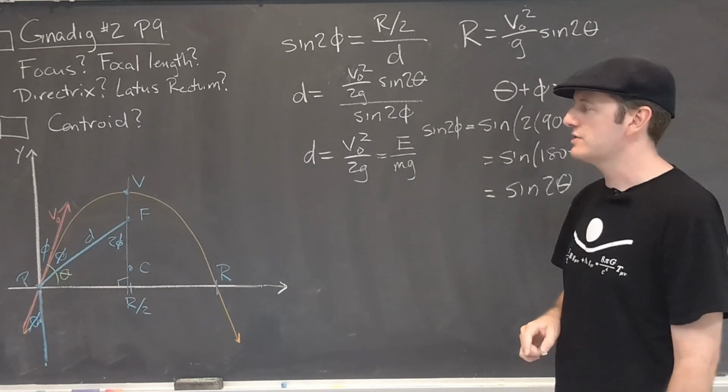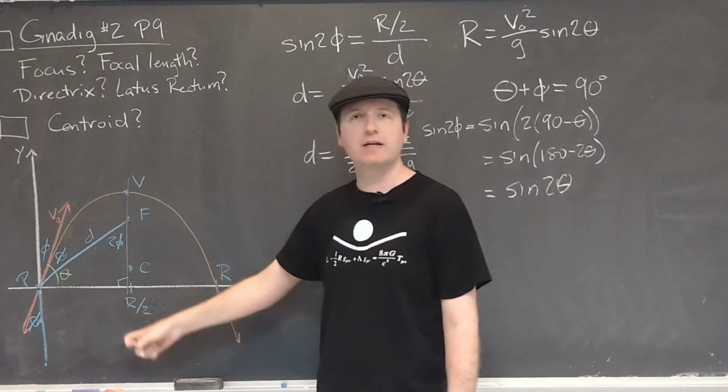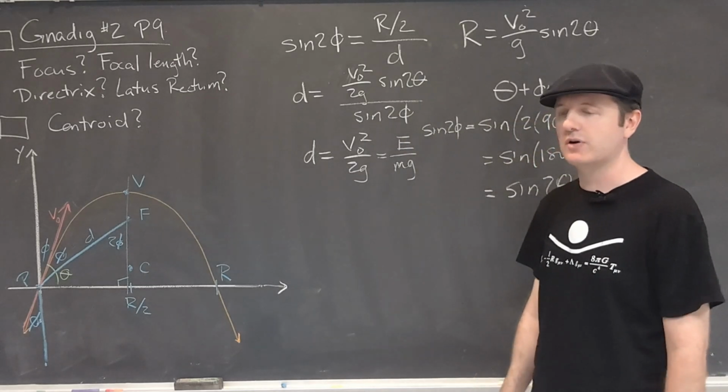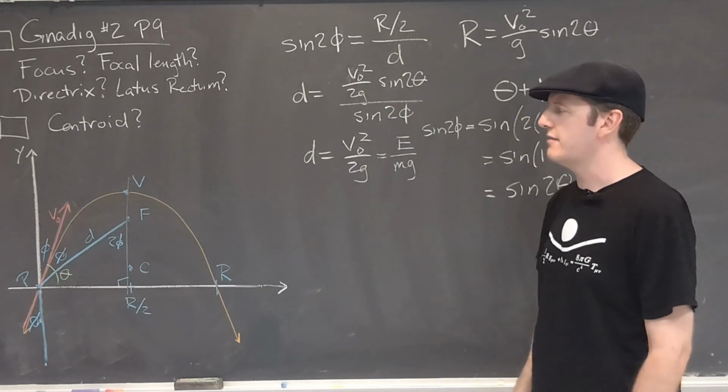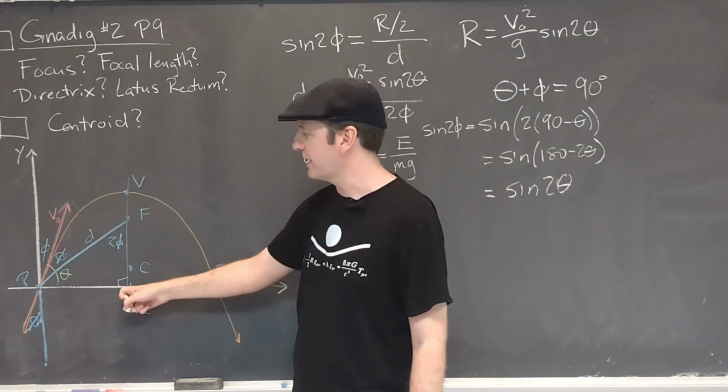The last thing we'd like to do is now find out, well, maybe where is the height of this focus? I know by symmetry that it has an x-coordinate of r over 2. How would I find that vertical component? Well, the vertical component is again going to come from trigonometry.